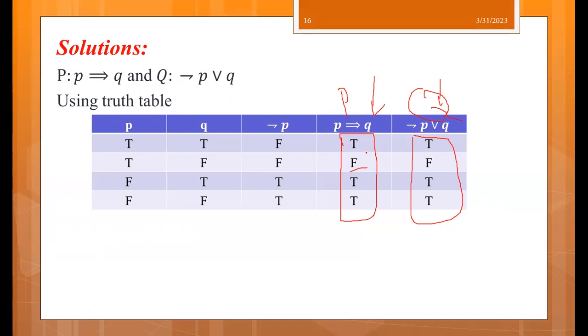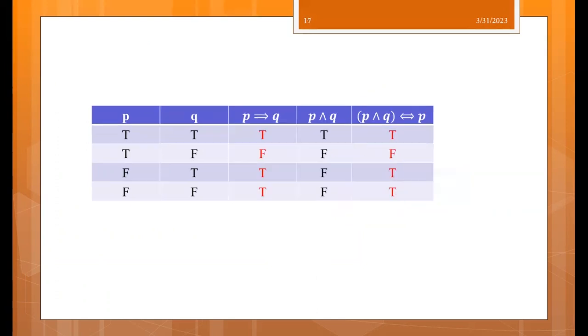That means for the first case both are true, then both are false here, then true, true, true, true. Therefore, because the truth values of these two compound statements are identical for the same assignment of the truth values for the component statements, these two compound statements are said to be equivalent to each other. So we have this conclusion, that P and Q are equivalent, or P is equivalent to Q.